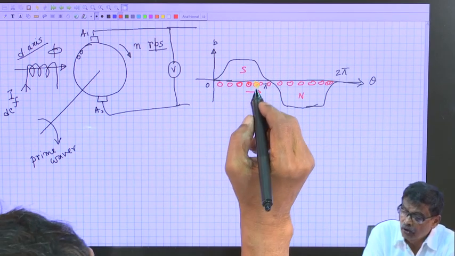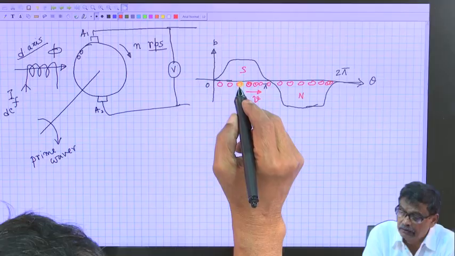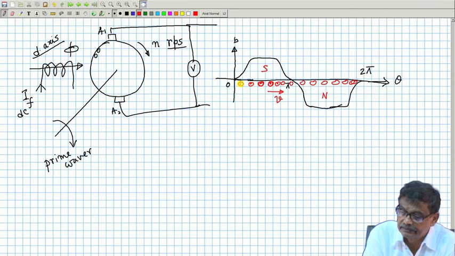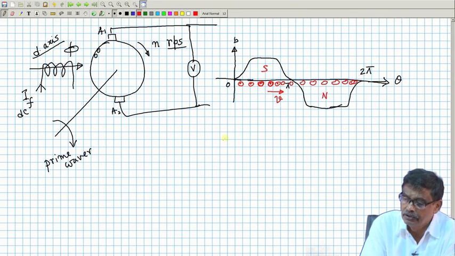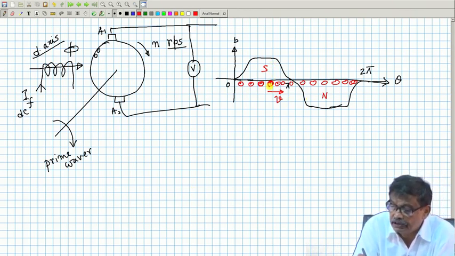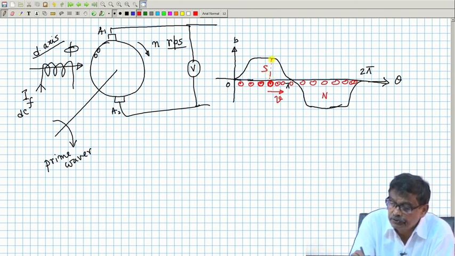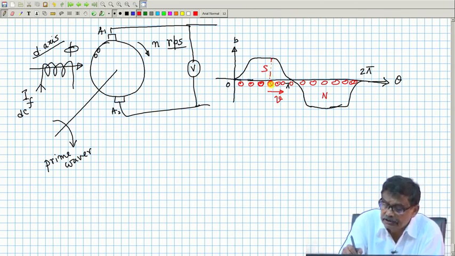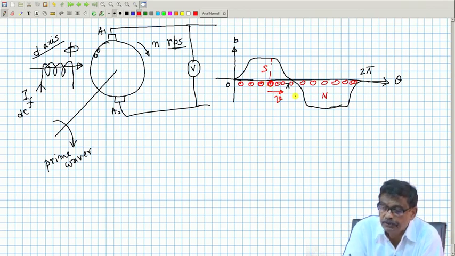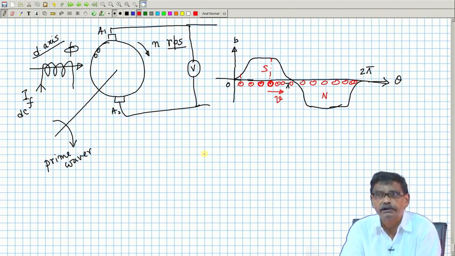In fact, for all the conductors, this will be dot dot like that. For all the conductors this is true, they are having same velocity. However, the magnitude of the voltage induced in this coil will be, I have to take this B, length of the conductor perpendicular to the paper, into V. The induced voltage in this conductor will be this B, length and velocity is same, but nonetheless polarity is same, that is what I am telling.